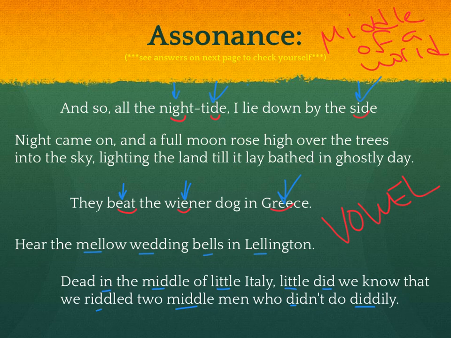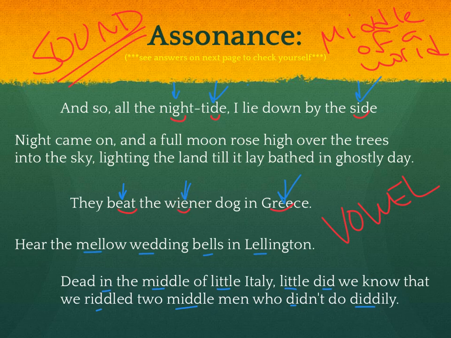Now, one other thing that's important to notice is, looking at this middle example again, notice that it is about the sound. It's not about a letter. So if you look at the one that we were talking about in the middle, "they beat the wiener dog in grease," EA goes E in English.